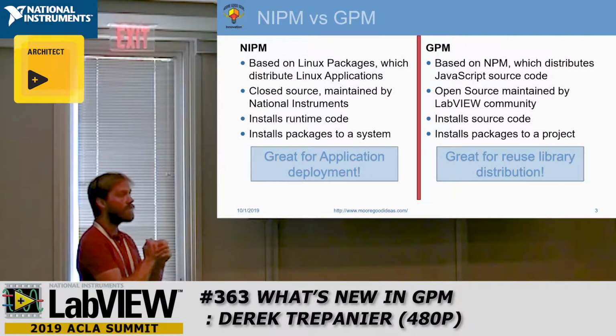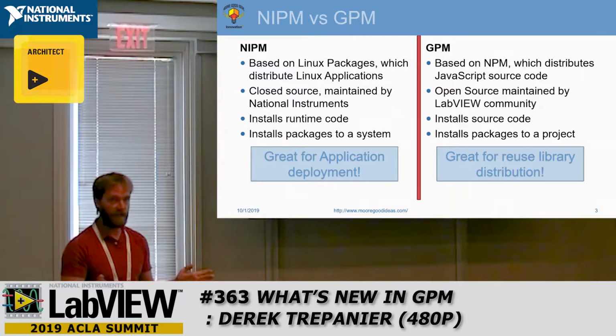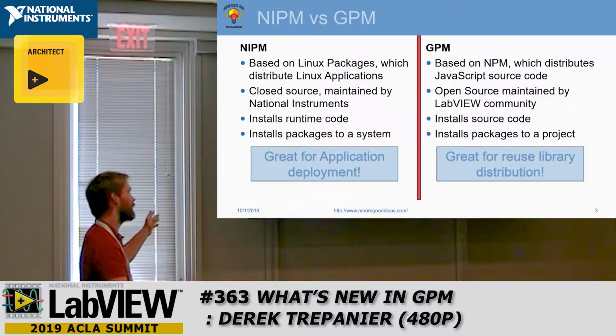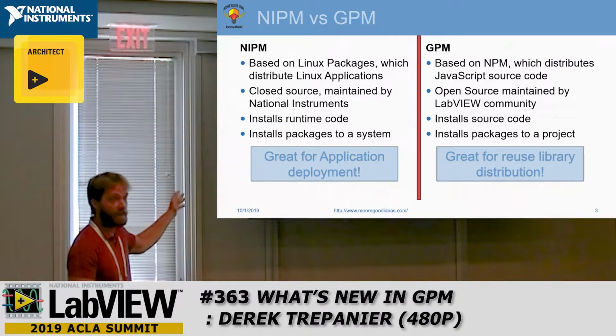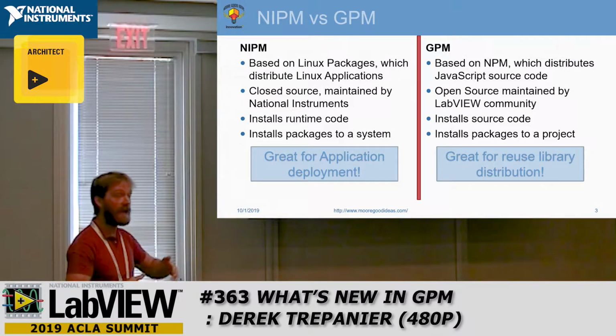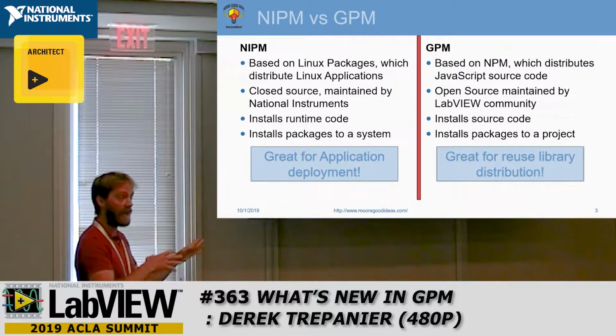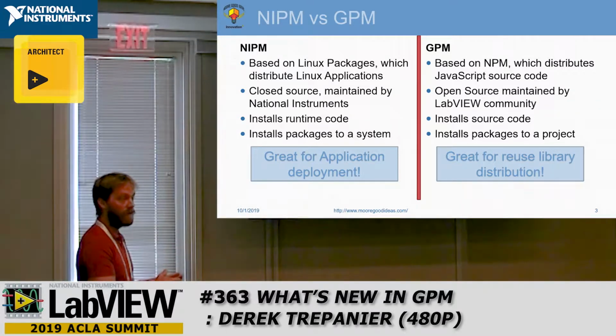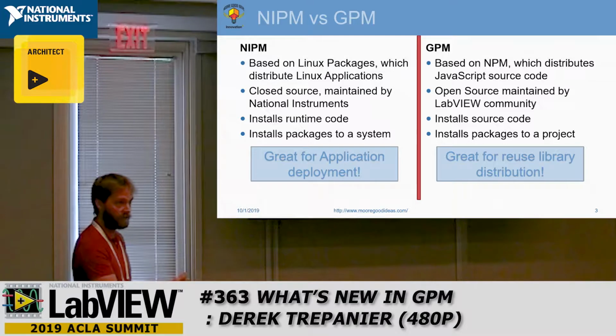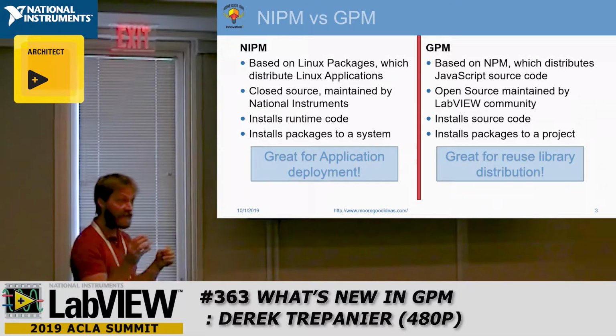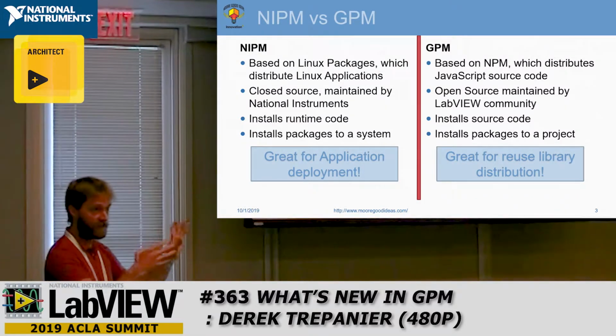Okay, so the other thing that we've been hearing a lot about is NI Package Manager. So NI Package Manager is obviously the NI thing. It's based on the Linux packages model, and it's maintained by NI. And the line that I'm drawing between the two is NIPM is for application runtime code. GPM is for reuse libraries and source code. That said, fundamentally, they both just copy files around.